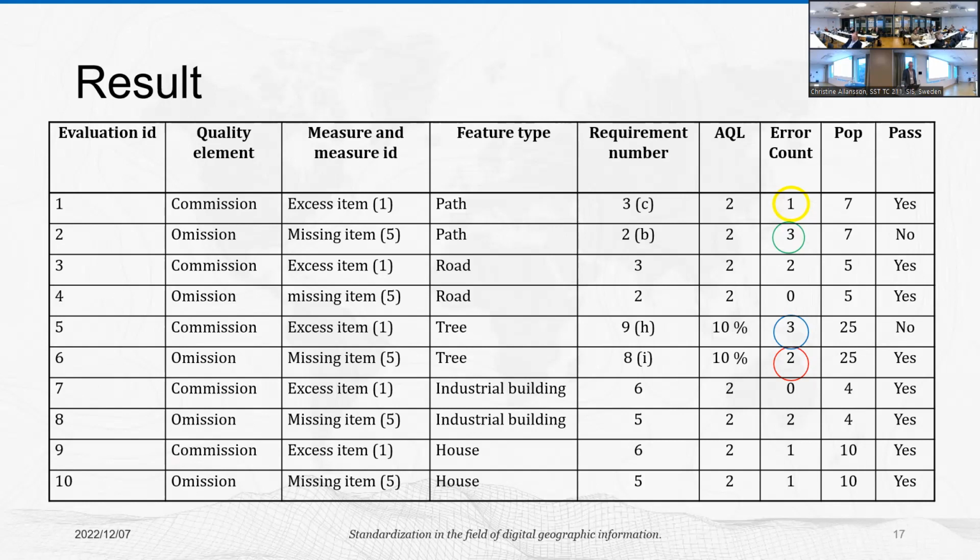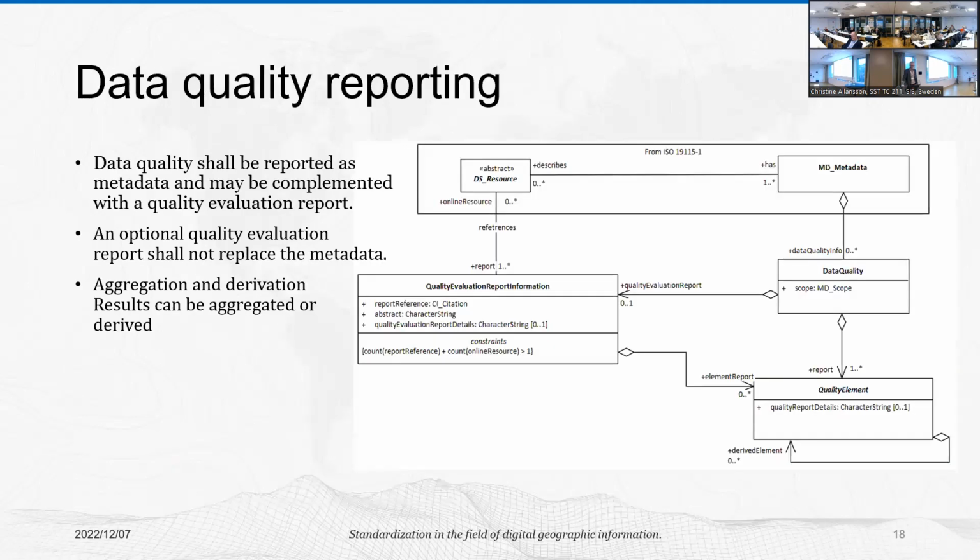Then we have also some XML examples of how to structure XML in the standard, but I will not show it here. It's too much code, I think. And then how to report the quality. It shall be reported as metadata.